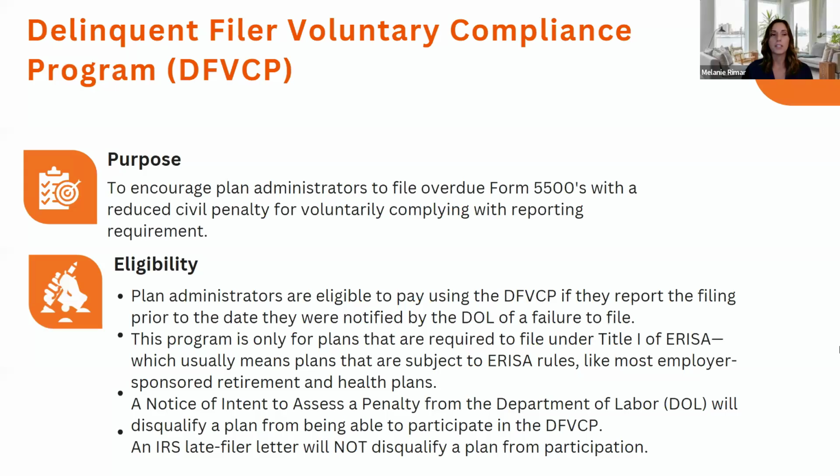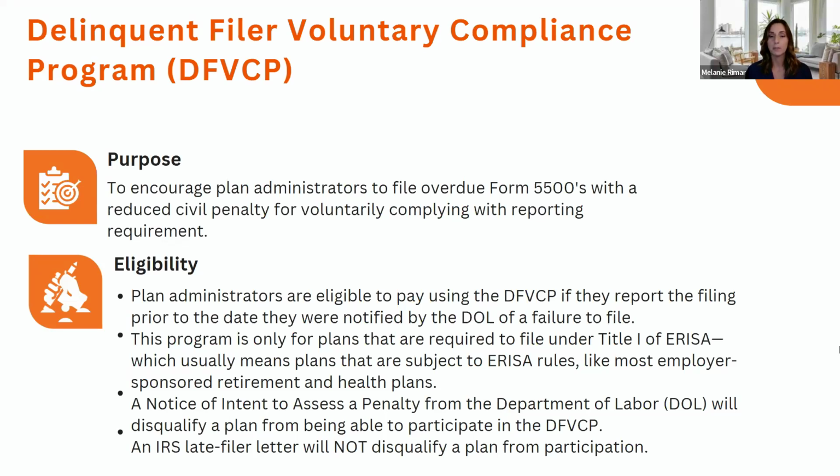So how do you participate in the delinquent filer voluntary compliance program? Well, the purpose of it was simply to get everyone to voluntarily report. And so they gave this huge break in penalties to be eligible. Really, it's just for plans that are required to file under Title I of ERISA.